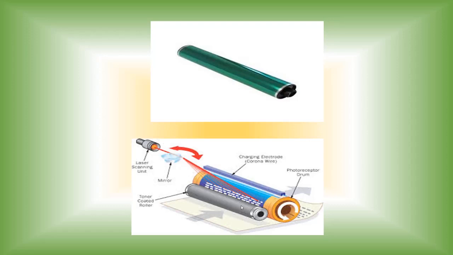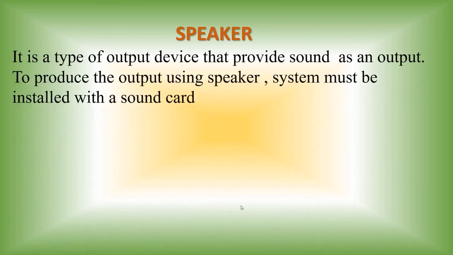Another type of output device is speaker. Speaker is used to generate output in the form of sound. When you connect a speaker to a system, a sound card must be installed inside that system. Then only you will get the output in the form of sound.